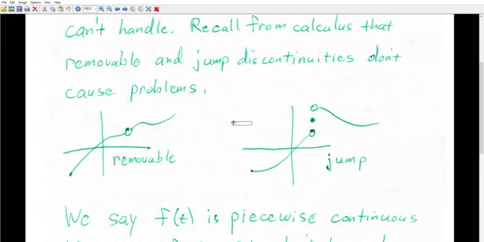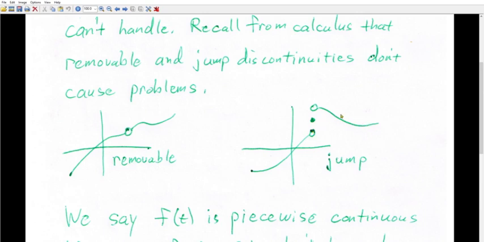Now, the other type of discontinuity we can handle is what's called a jump discontinuity. Come in this direction, it looks nice and continuous, but when you get here, there's a hole. Come in this direction, it looks nice and continuous. When you come here, it's a hole. The two of them don't match up. And the function value at that point might exist or might be this, that, or whatever. But the idea is you come in one direction, it looks continuous, except it stops.